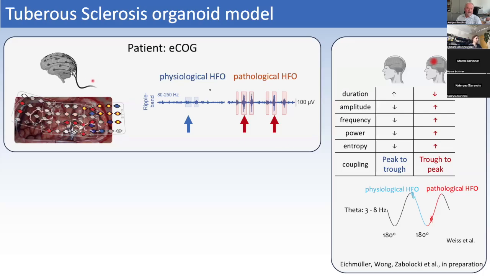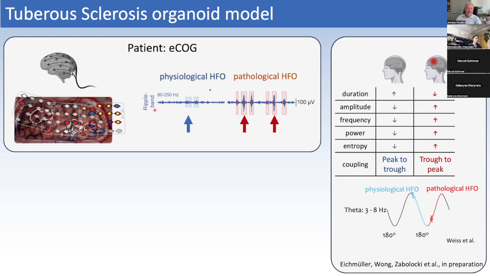They perform surgery on patients, and during the surgery, they place electrodes directly onto the brain of the patients. This methodology is called ECoG, and it leads to recordings like this.